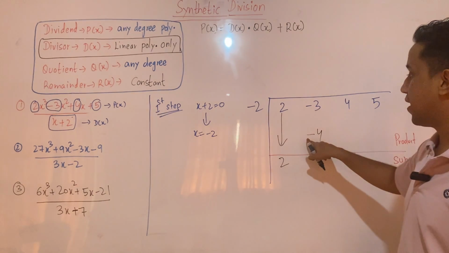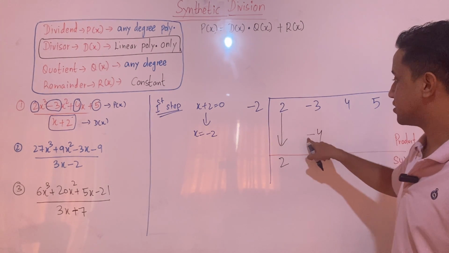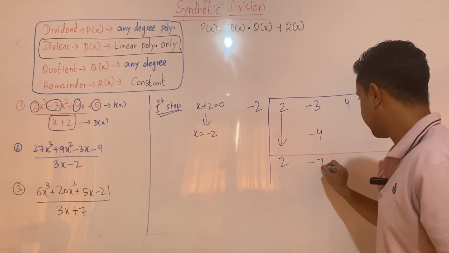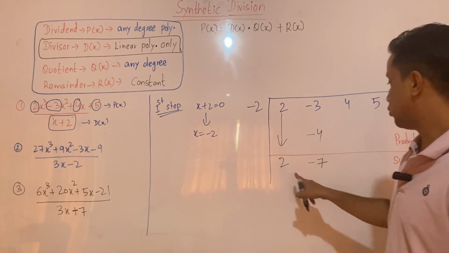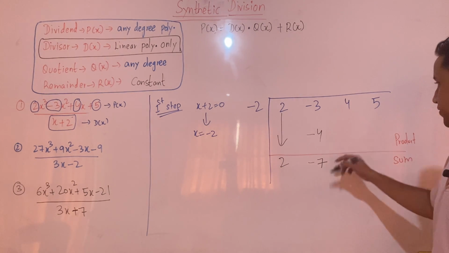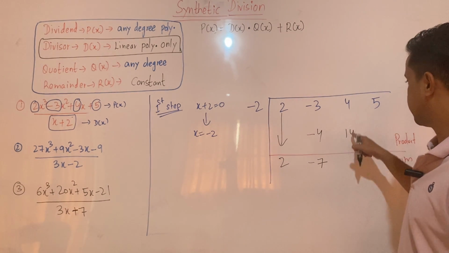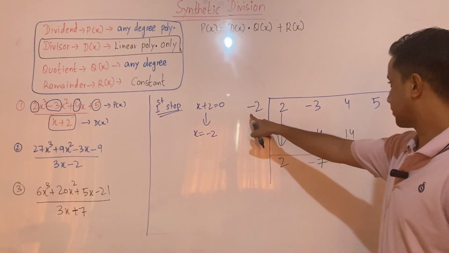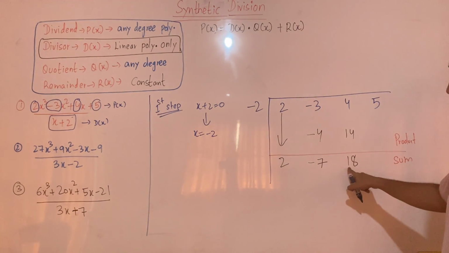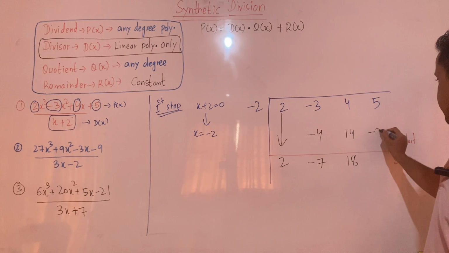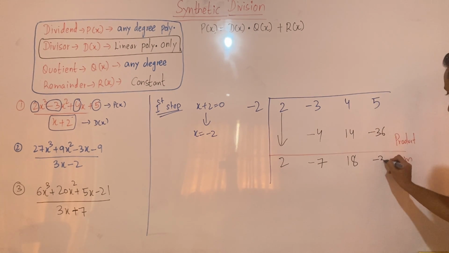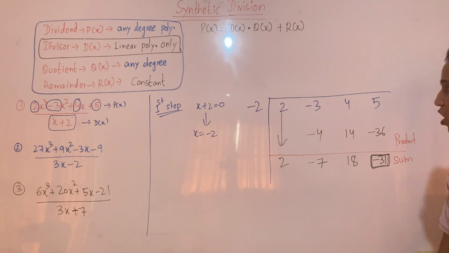Negative 3 plus negative 4 will be negative 7. Negative 2 multiplied by negative 7 is 14. 4 plus 14 is positive 18. Negative 2 multiplied by 18 is negative 36. Negative 36 plus 5 is negative 31. So your remainder is minus 31.